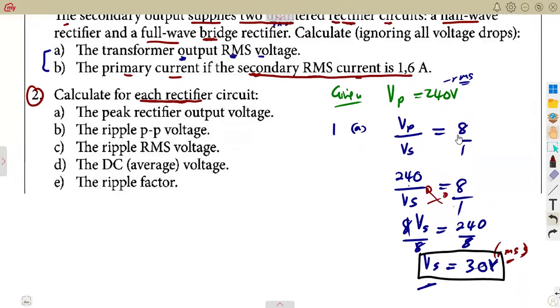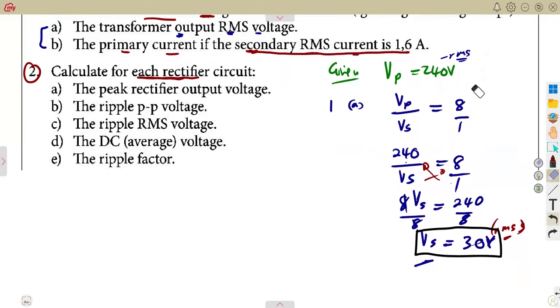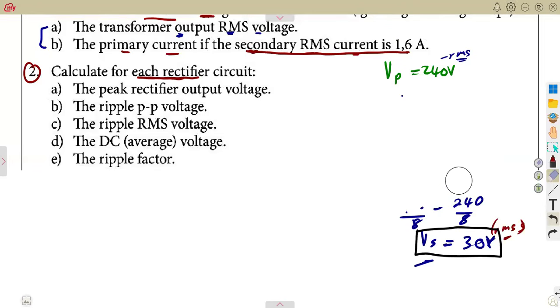All right, so in this case, I'm just going to put this one side. This is our VP. Remember, we're given this VP and we calculated VS, which is the secondary side. We need this VS. Remember, it is the secondary side which is connected to the rectifier circuit. So we are going to consider that.